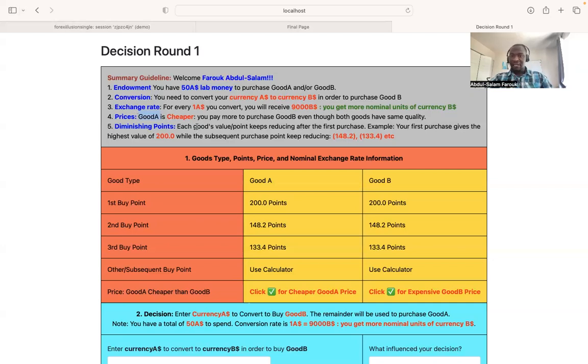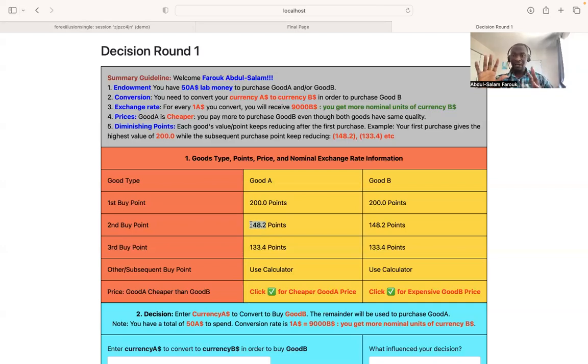Now, as I mentioned earlier, diminishing marginal return is going to be very important here. The very first good A that you buy, you get 200 points. But if you buy the same good again for the second time, you wouldn't get 200 points. You rather get 148 points. So the more you buy a particular good, the fewer points you tend to earn.